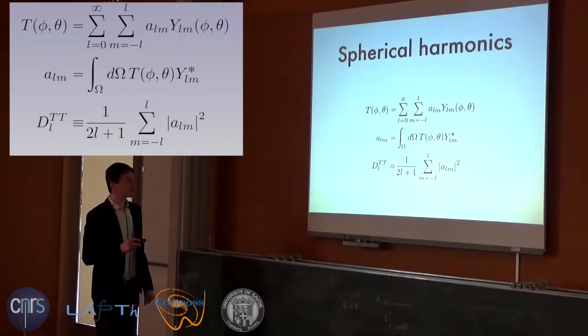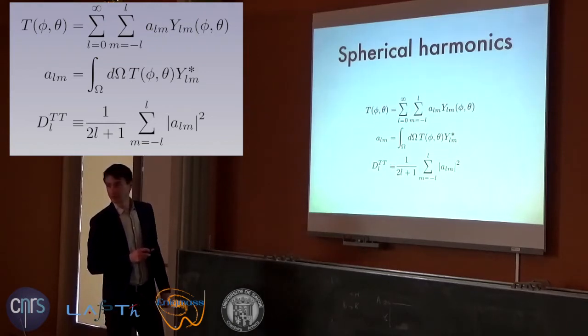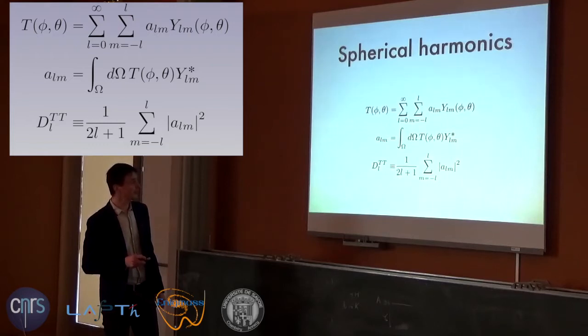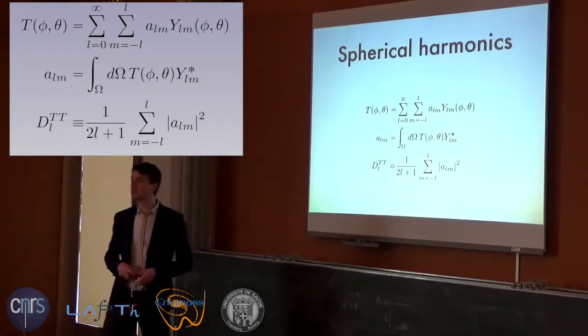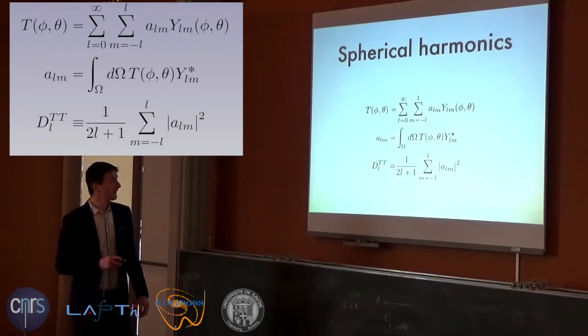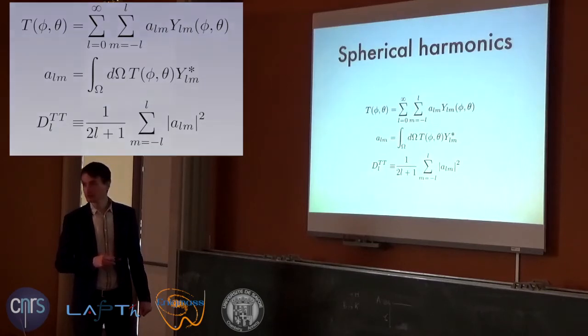The a_lm, of course, can be obtained by taking the inner product of your temperature map with the spherical harmonics. And then if you sum over the m component, where m is like a directional index, whereas l is a scale index, the scale on which you see anisotropies in spherical harmonics, if you sum over the directions, then you get the total power of anisotropy at a particular scale of multipole l.